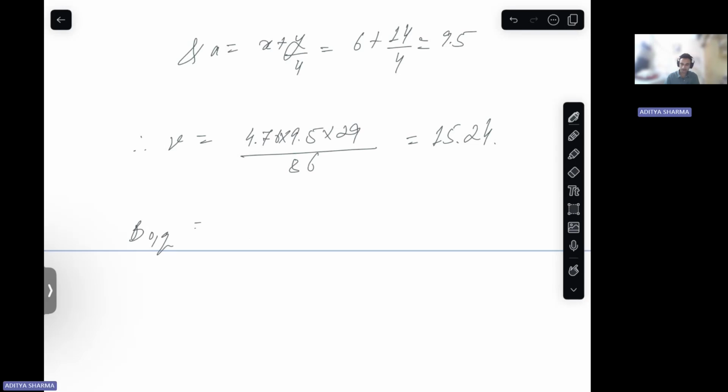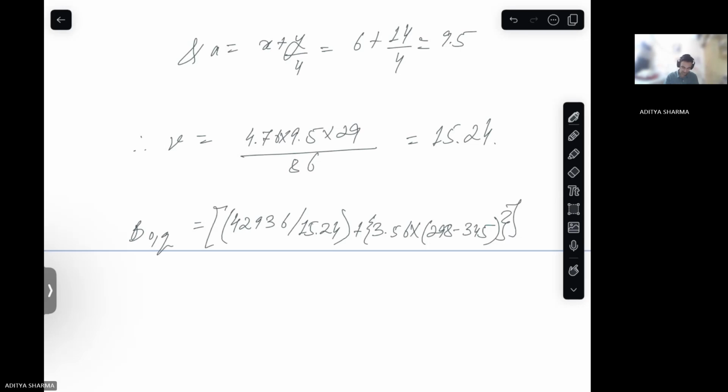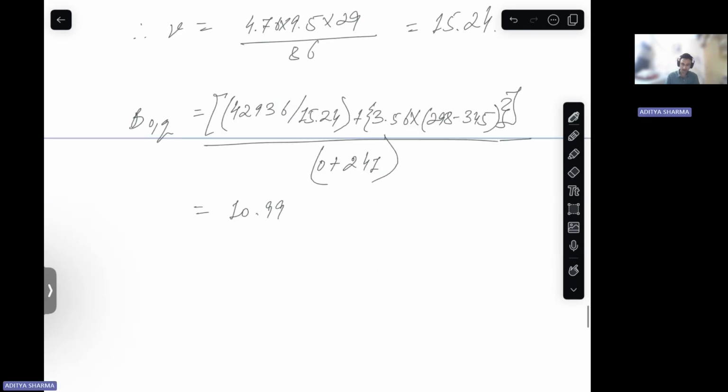So if you use the values in the formula given above, put the values in the formula given above, this will come out to be this.